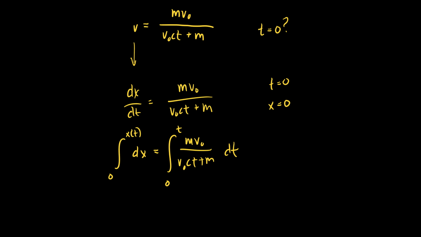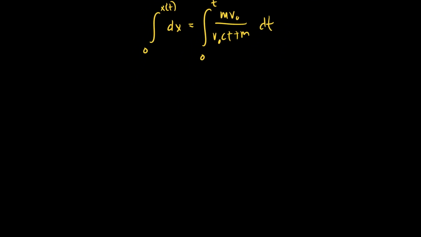All right, I don't want to spend a whole lot of time because we don't have it. So I think I'll speed through the left side, and I'm going to pull out my m v naught here, because again, just a constant.